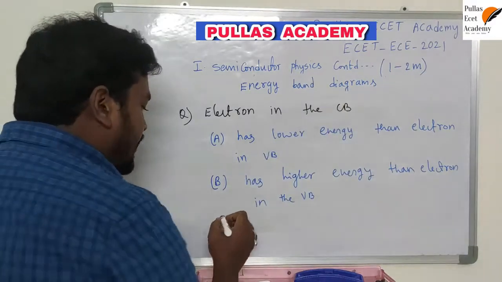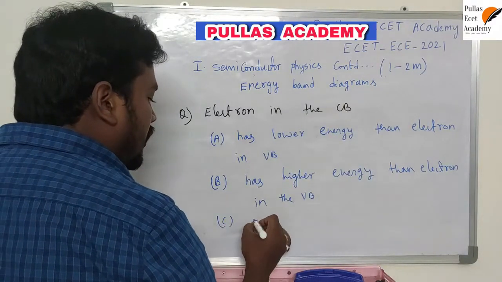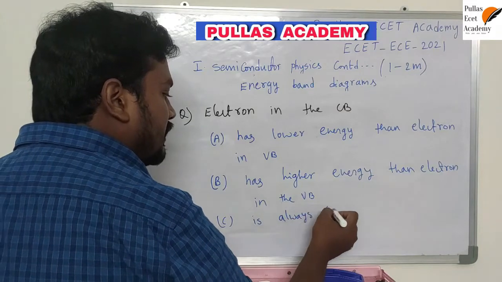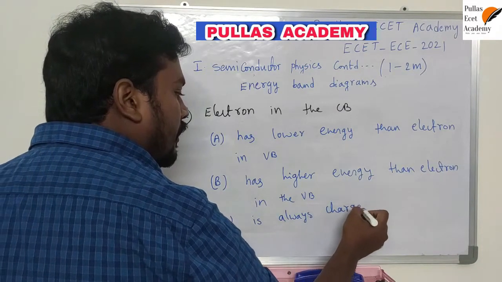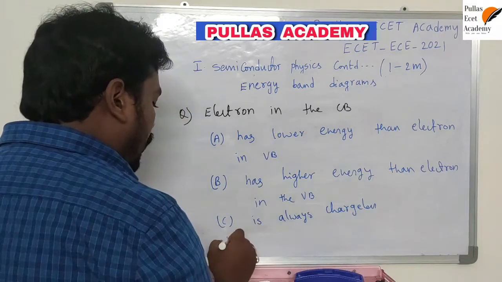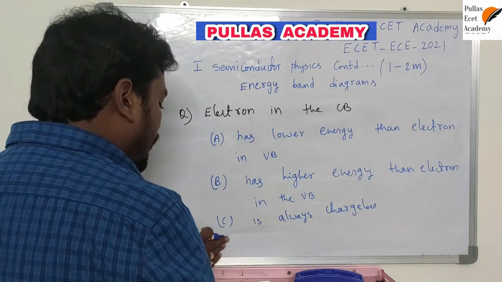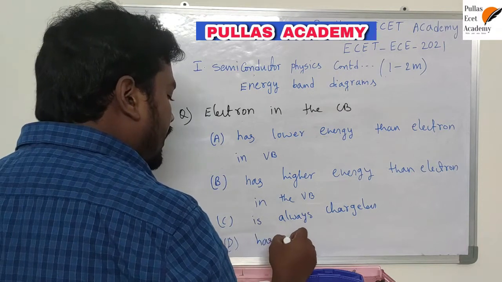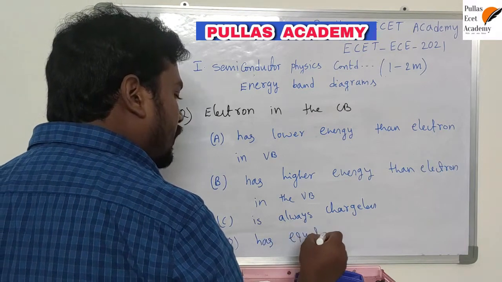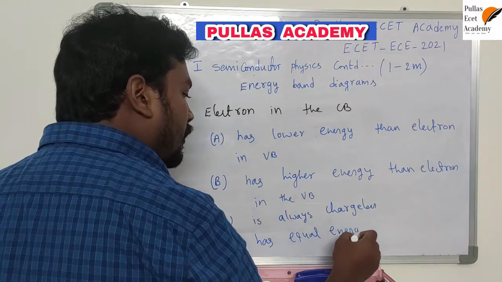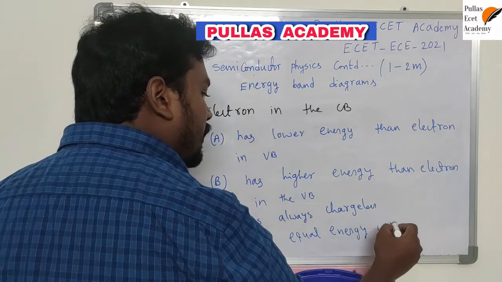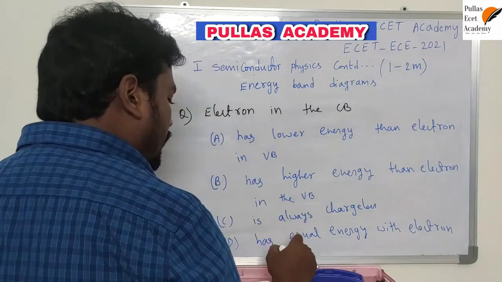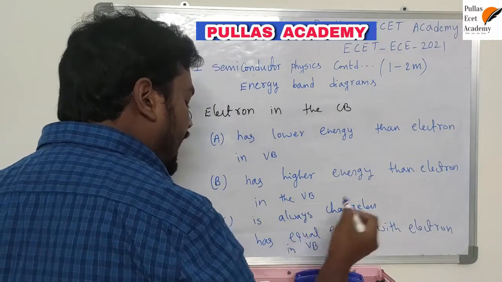Option C is always chargeless. Option D has equal energy with the electron in the valency band.